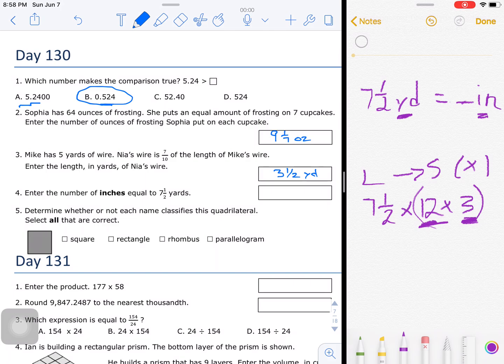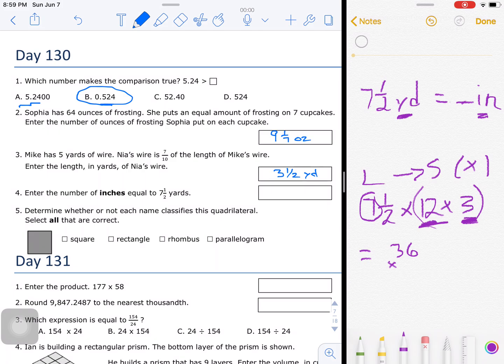So we would have 7.5 times 36. I'm going to do 7 times 36. We could do that, or we can make 7.5 into an improper fraction.